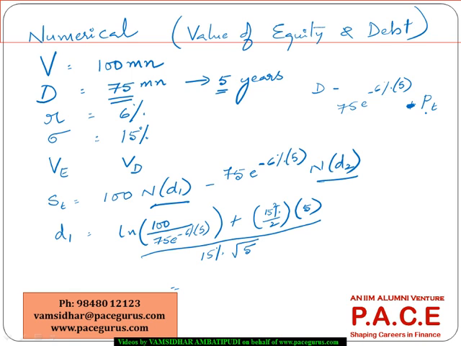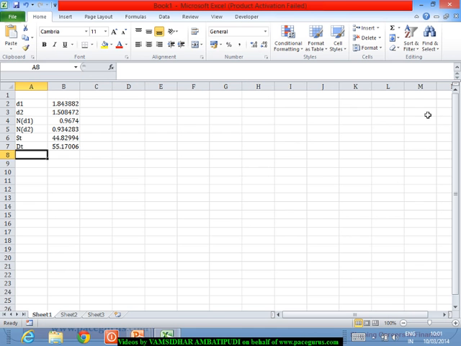So let me just see what is the first term, 75 into e power. So the PV of debt is coming out to 75 into e power minus 6% into 5. So the present value of the debt is coming out to 55.56, and now I need to find out the value of the put option.